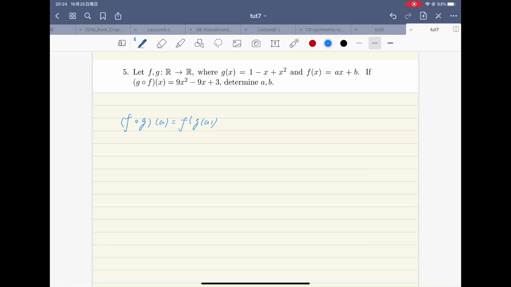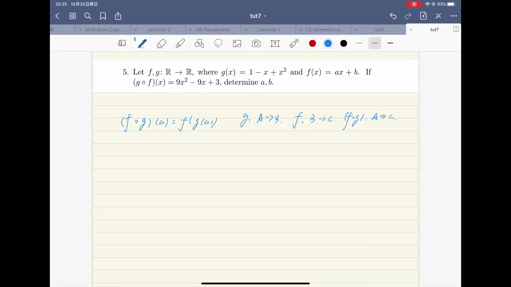So we have g mapping from A to B, and f mapping from B to C. Then the composition function f composite g is from A to C. In question 5, it says let f and g both map from the real numbers to the real numbers, where g(x) equals 1 minus x plus x squared, and f(x) equals ax plus b.